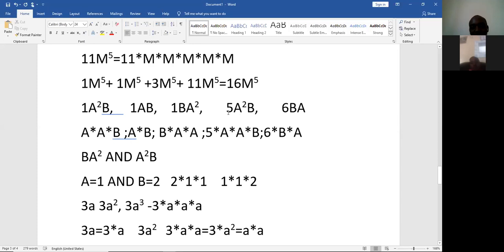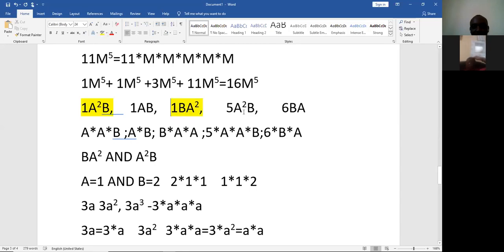And there's also 5A squared B, because what we want here is our A to be squared and B not to be squared. So whatever I'm shading here in yellow, these are like terms and they can be added together.